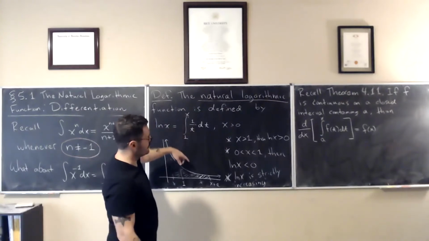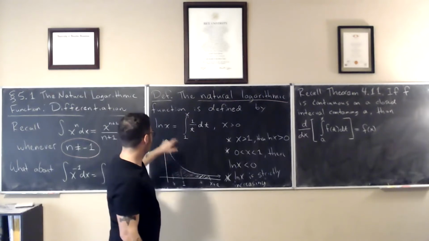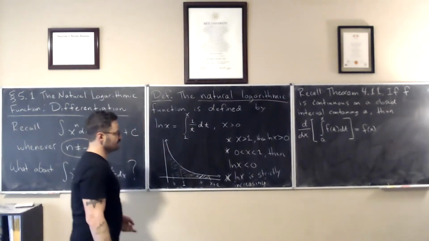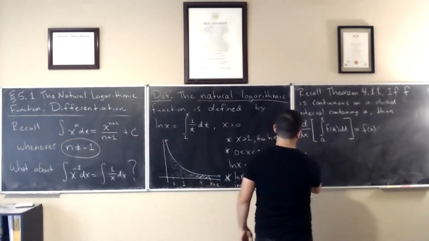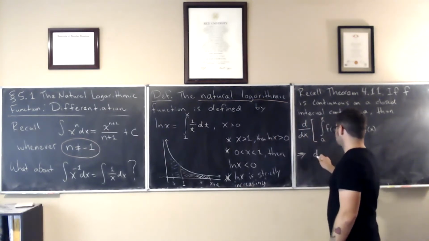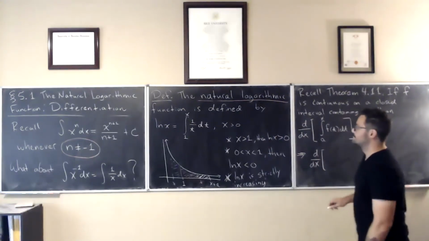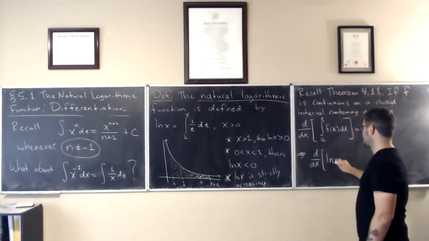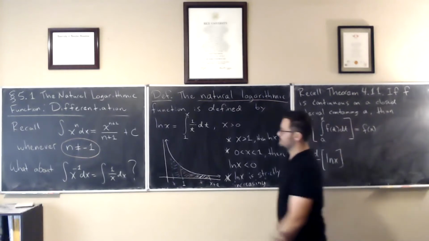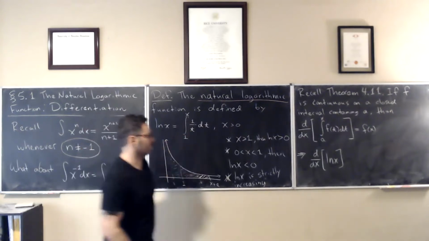We have a definite integral from 1 to x of a function of t here. So what this implies is that d/dx of this natural logarithmic function is a derivative of this thing, right?